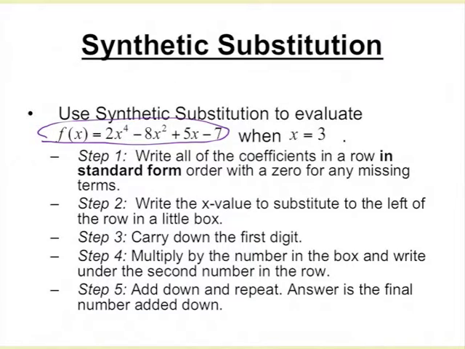Then we're going to write the x value that we're going to substitute in the little box off to the left-hand side. And then our process is going to be to carry down, multiply, add. Multiply, add, multiply, add, multiply, add. So those last couple of steps get repeated. So I need some space here to do this.